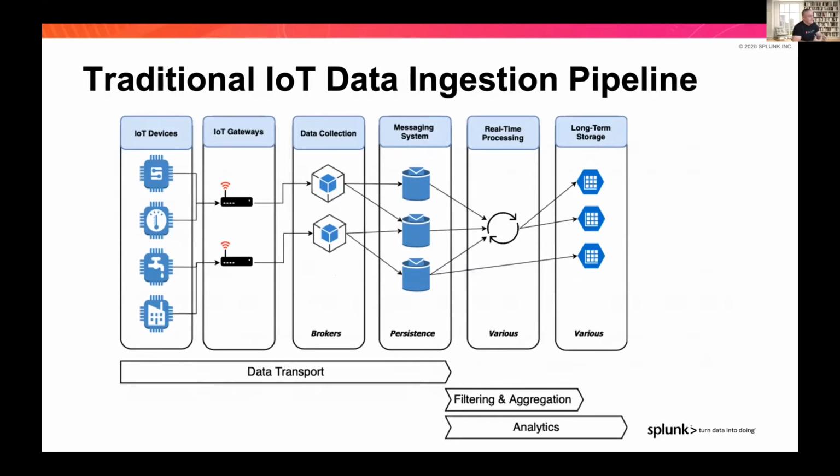So as in Seth's wonderful talk this morning, you're processing events one by one, but it is at this particular layer between the messaging system and the real-time processing. All the data is delivered, brought all the way into the infrastructure, and you perform the analytics, on event-based processing or batching, et cetera, across all that data at that layer. So that's what I mean by the traditional IoT ingestion pipeline.